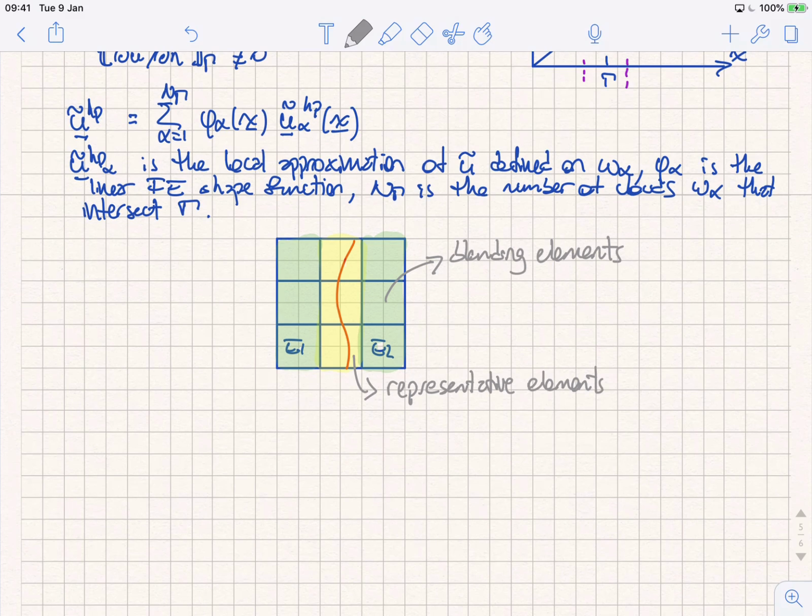Do we also have that same problem if the enrichment function would be 0 at that node, say in a 1D problem? What you want to be very careful with is that, yeah, if the function is 0 at the node, it doesn't really matter. What is important is how the function behaves in the blending element, right?